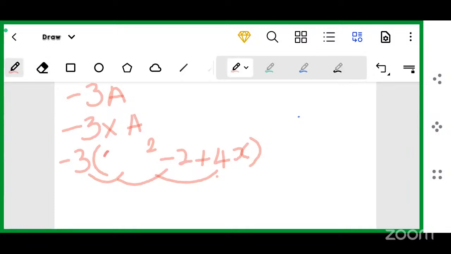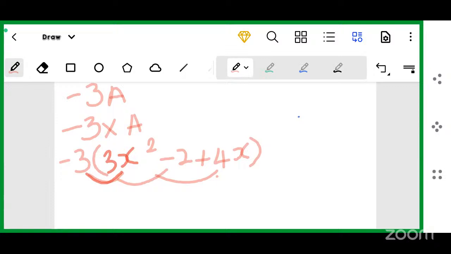So it's 3x squared. There we go. So now we're gonna be like -3 multiplied by 3x squared. What's gonna be your answer? -3 times 3x to the power of 2 equals -3x to the power of 2.